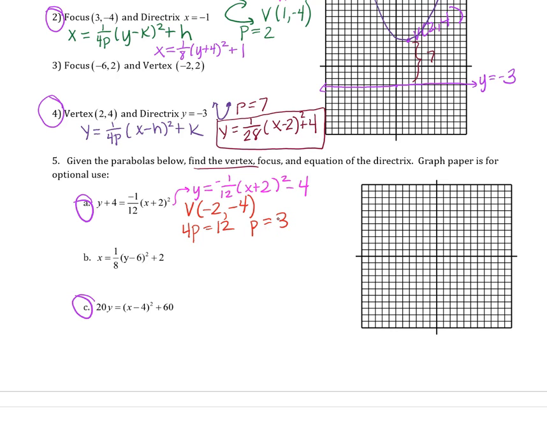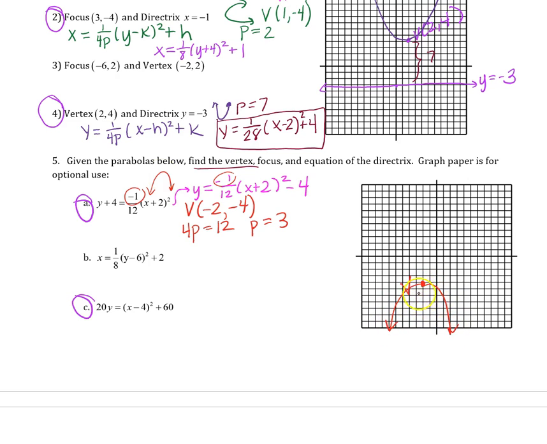So then I'm going to go to my graph and help myself out. So I've got negative 2, negative 4. And I also know that because this is a negative, it's going to be opening downward. Okay, so it's going to look like this.